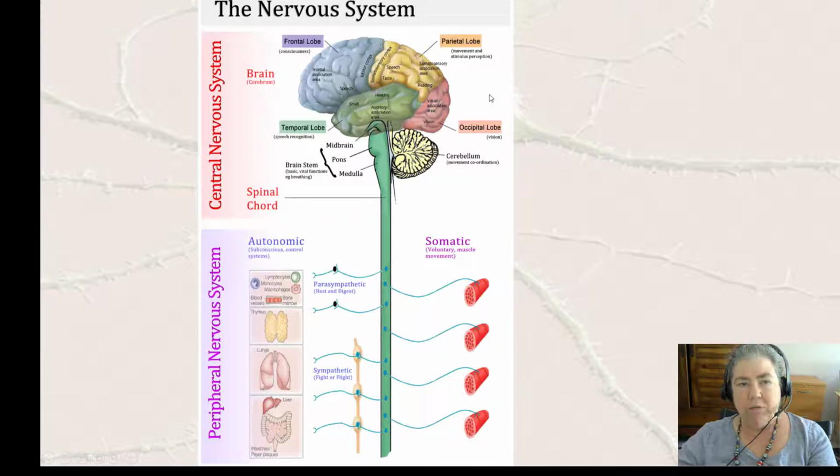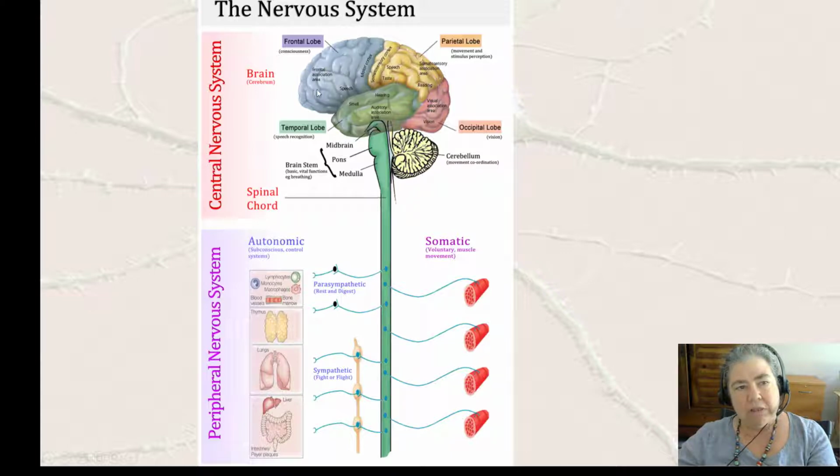There are lobes, and there are a couple lobes that aren't shown here, or at least one. The frontal lobe, which exists in front of this groove, which is called a sulcus, the central sulcus. The brain has gyri, which are these twisting structures, and it has sulci, and fissures, which are these depressions between the gyri.